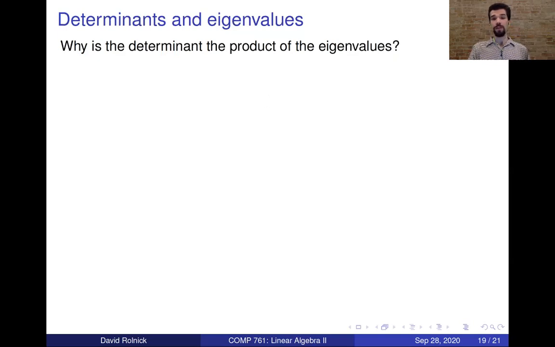Remembering back to Vieta's formulas, the product of the roots is going to be plus or minus the constant term divided by the first term.